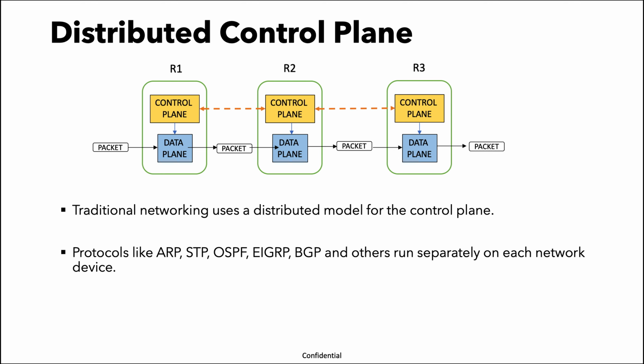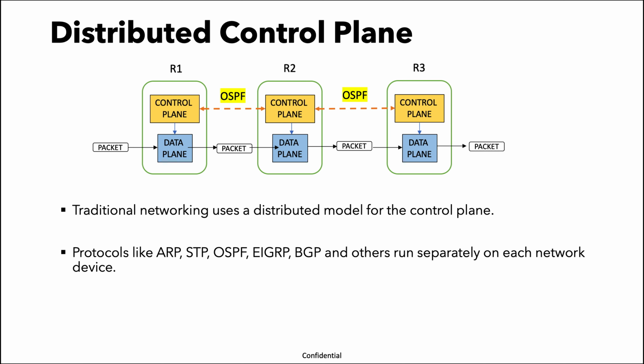For example, you have to configure OSPF on R1, R2, R3 so that they will share the routes. As I said, each router runs its own OSPF routing protocol process, and to make it work, those distributed control plane processes use messages to communicate with each other, like OSPF protocol messages between routers.